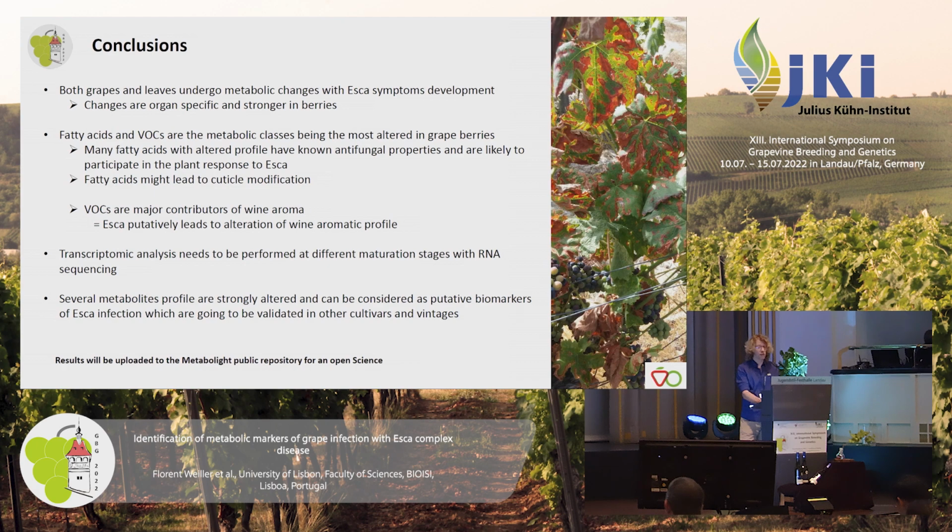So this leads me to the conclusion of what we have done so far. The take-home message is that both grapes and leaves undergo metabolic changes with Esca symptom development, and that those changes are organ-specific and observed at a stronger level in the berries. Inside those berries, fatty acids and volatile organic compounds are the metabolic classes which have been the most altered in terms of quantity.